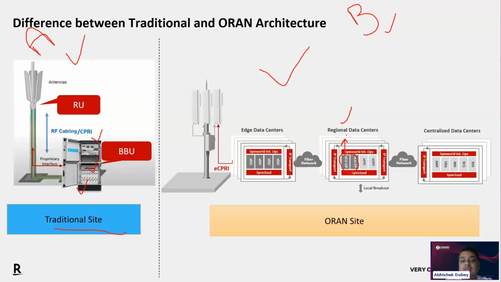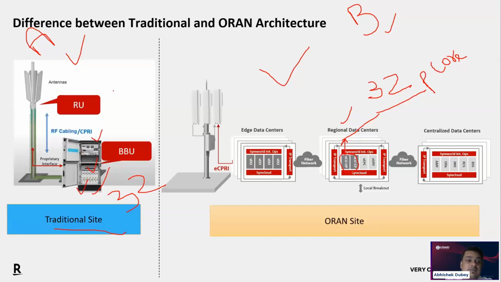So whatever the resources are, resources means, let's say you have 32 resources in one single socket server, and these resources are counted in terms of P-cores. So let's consider you have 32 P-cores in one server, and the same condition with traditional, you have 32 P-cores at this site.